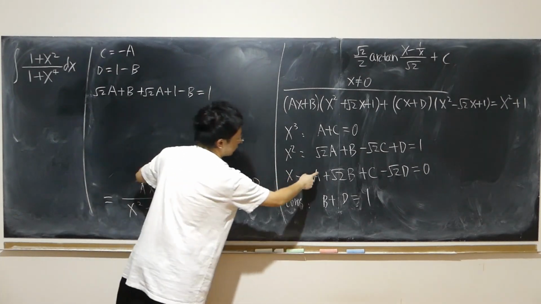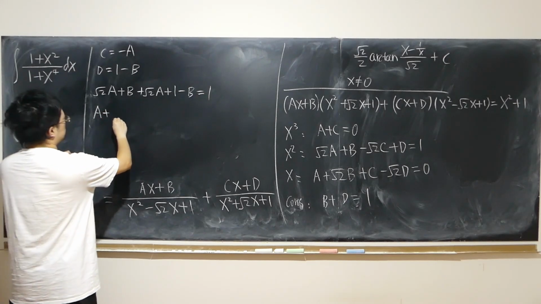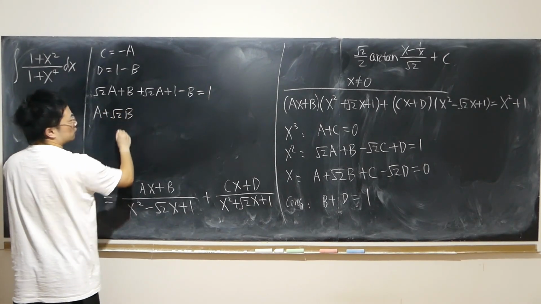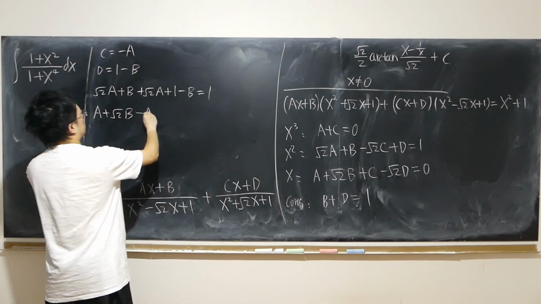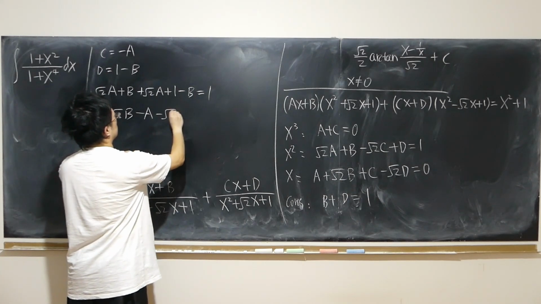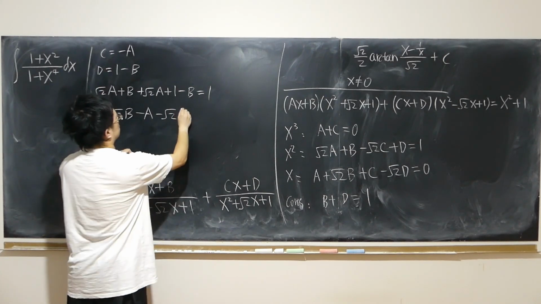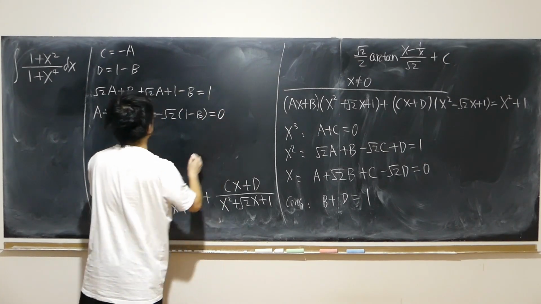Okay, so a plus square root of 2 times b plus c minus a, minus square root of 2 times d, where d is 1 minus b, equal 0.